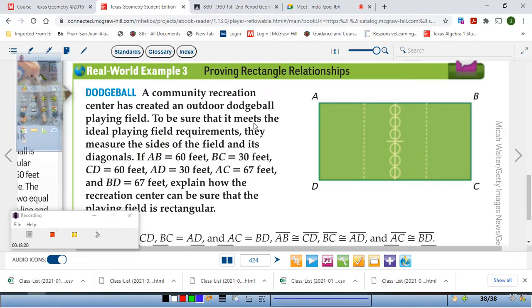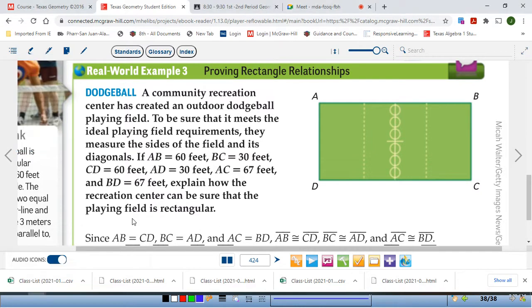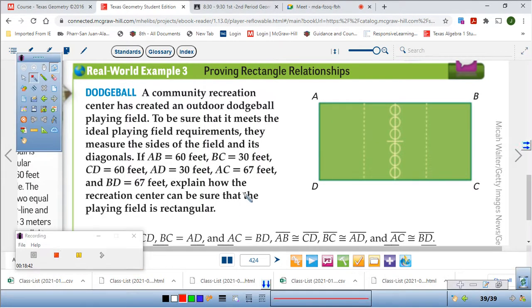To be sure that it meets an ideal playing field requirements, they measure the sides of the field and its diagonals. Okay, so AB is 60 feet. While I'm talking here, I'll just put the numbers up. So they measure this to be 60 feet. They measured BC to be 30 feet. CD, 60 feet.